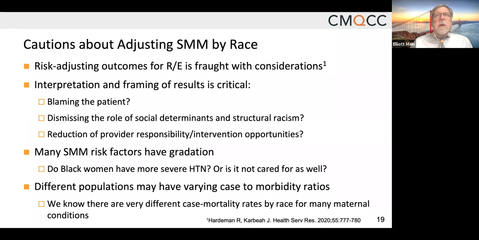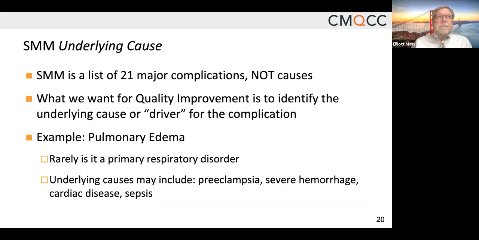We know there are very different case to mortality ratios, i.e. if you have hypertension, your chance of death varies among different populations. The same can be true, and we're investigating this, for whether, if you have hypertension, your risk of severe maternal morbidity varies among different racial and ethnic groups. Next slide. So stay tuned for that.